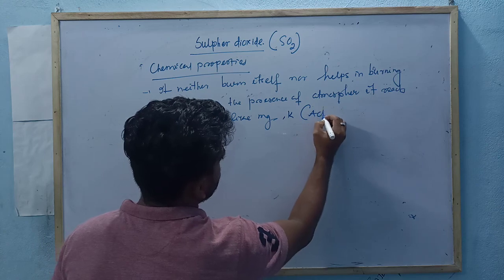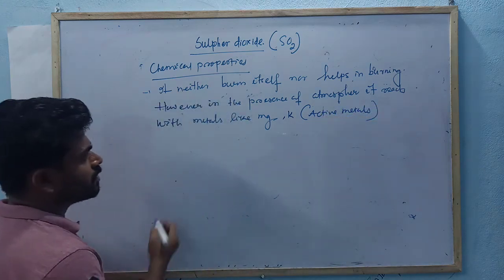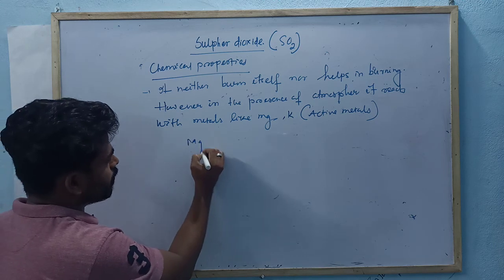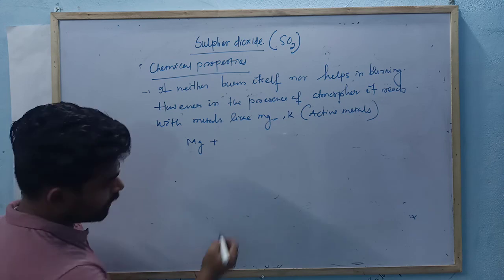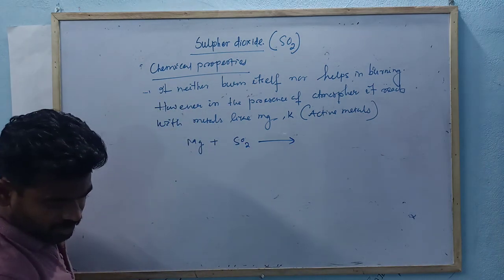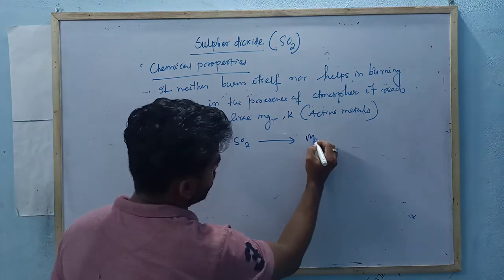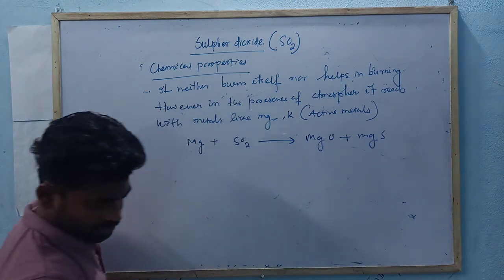These are known as active metals. How the reaction can be written as magnesium plus SO2. It will form your corresponding oxide and sulfide: MgO, oxide, and MgS, sulfide.